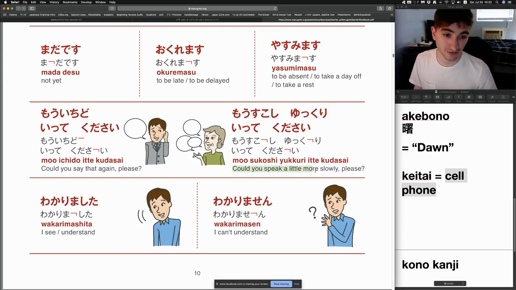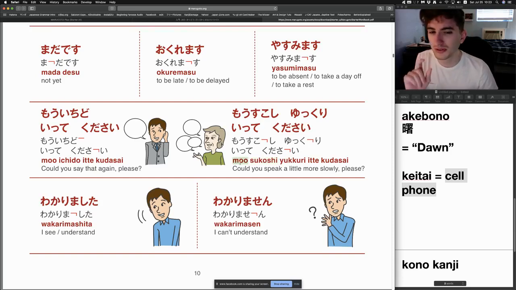Then there's this phrase, could you please speak more slowly? もう少しゆっくり言ってください. A lot of these words are similar from the last phrase. もう少し means a little more. 少し, a little, more.